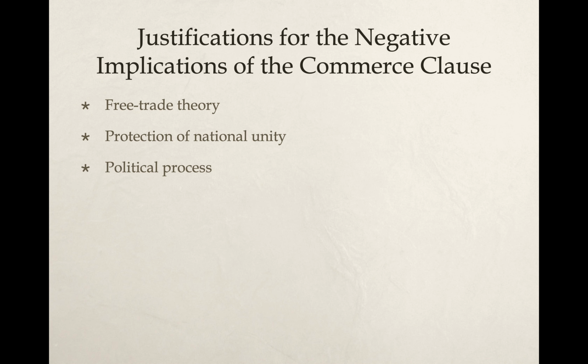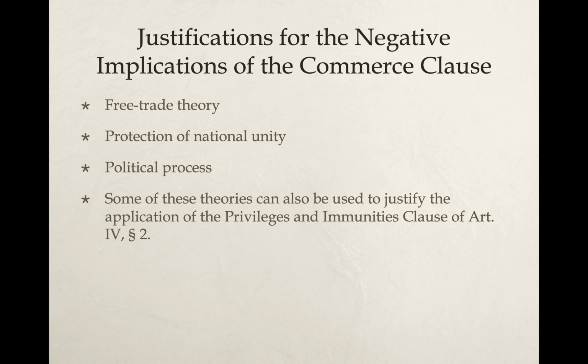Right? And so that's an argument from the political process that state laws that have an extraterritorial effect are problematic because those outside of the state's territories never have any say in the state's political process. We'll see that some of these same theories will be used to justify the application of the Privileges and Immunities Clause of Article 4 that we will look at next week.